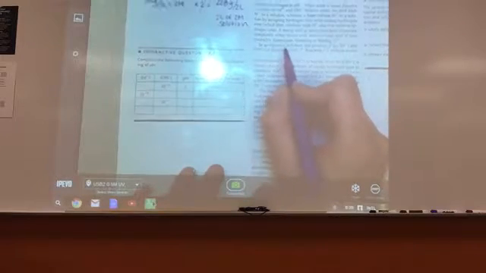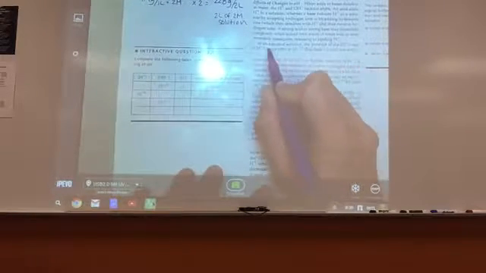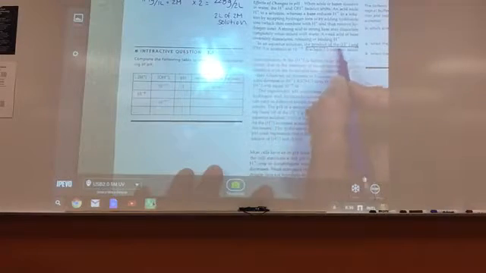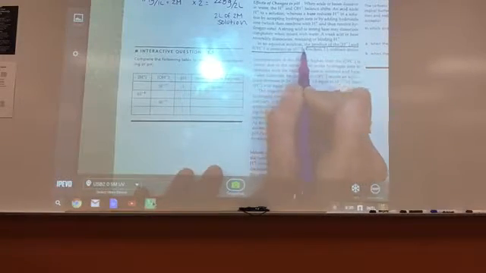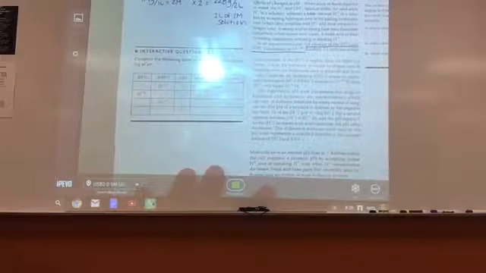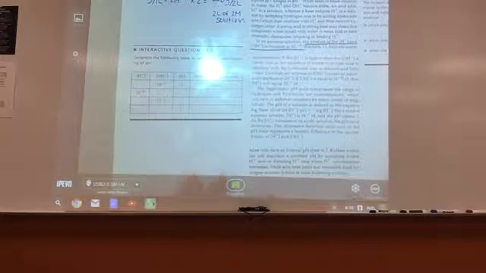So let's look in the reading, a couple of things. It says in an aqueous solution, the product of the H plus and OH negative concentrations is constant at 10 to the negative 14.